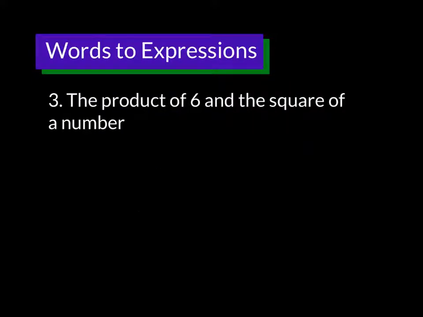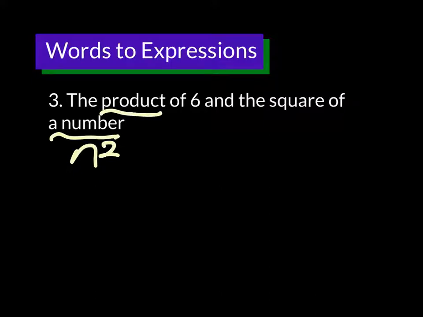3. The product of 6 and the square of a number. Let's let this unknown number equal n. The square of a number means n squared, and product means multiplication.